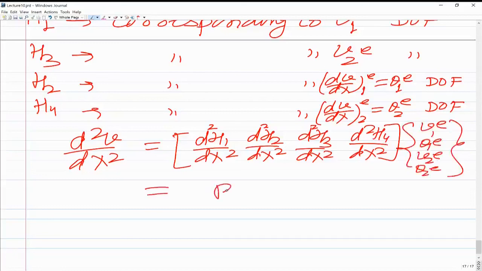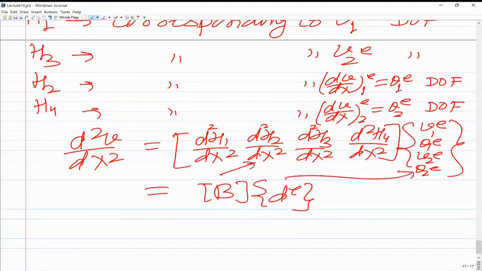We call this b and this de. So this is b, the strain displacement matrix, and this is the vector of elemental degrees of freedom.